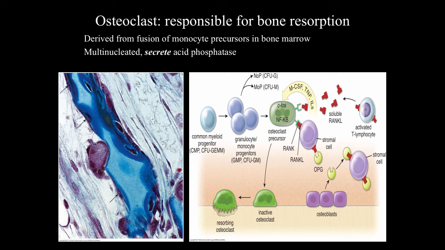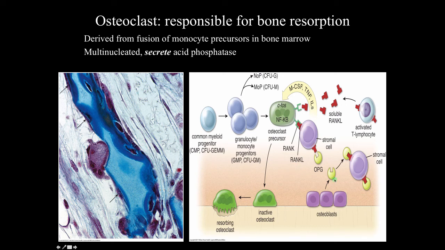The differentiation of osteoclasts is a little bit complicated. Here is the common progenitor cell, the granulocyte monocyte progenitor cell, which is actually developing from a common myeloid stem cell in the bone marrow, and this progenitor cell is giving rise to the osteoclast precursor cell.